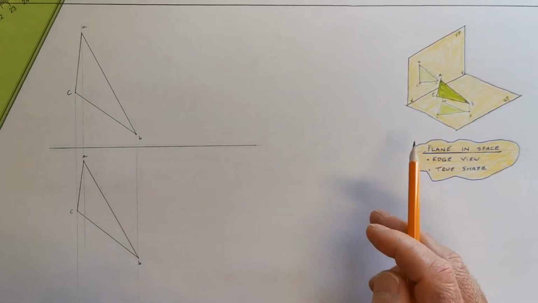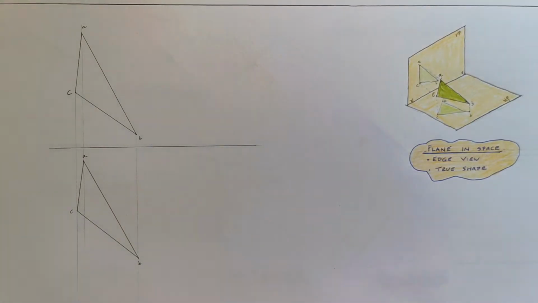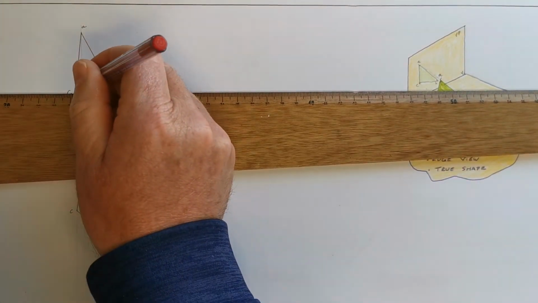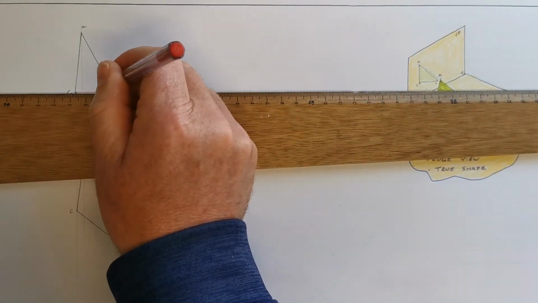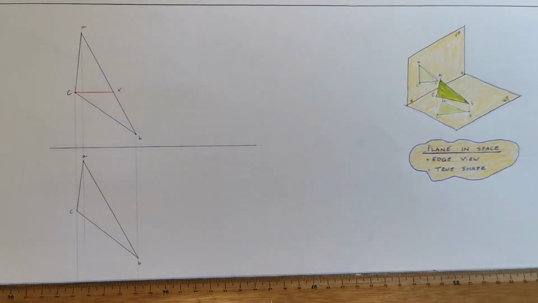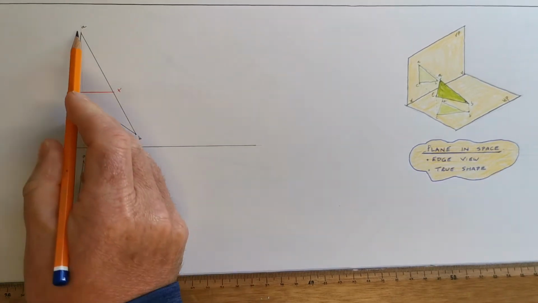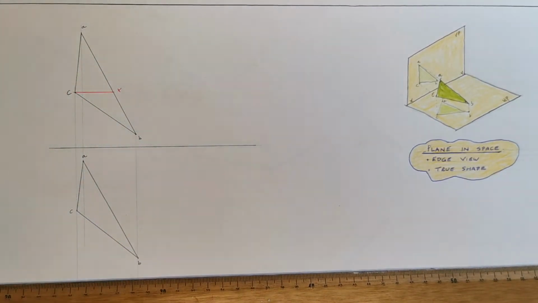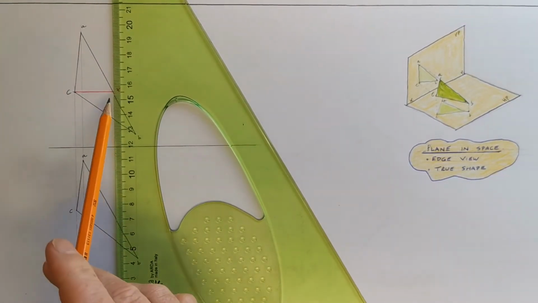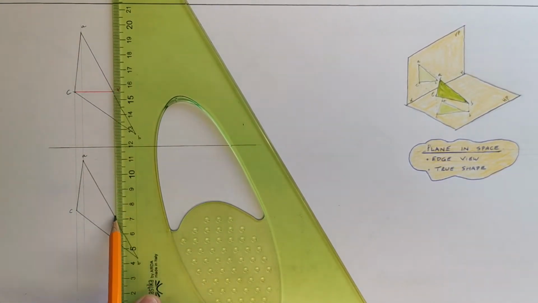Now what I want to look at here is the idea, if I take a horizontal line in elevation, and I'm going to call that CX. Now we know that point X is here on the AB edge. So I'm going to project X down to plan.